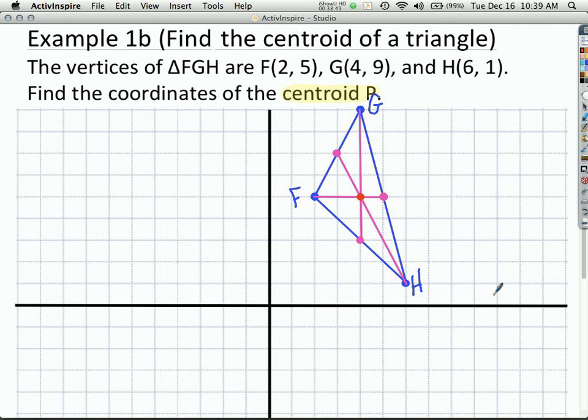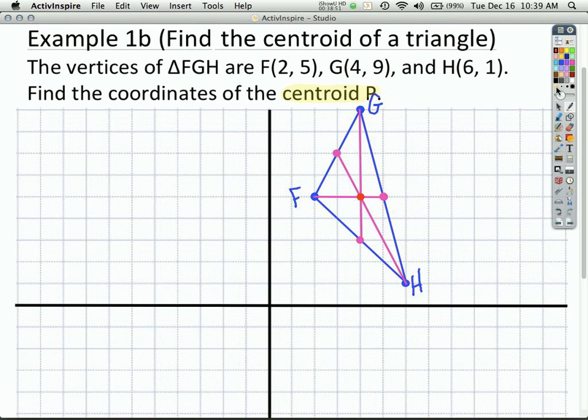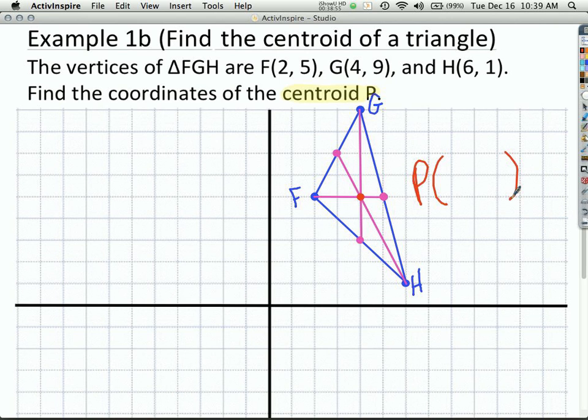And we were asked to find the coordinates of the centroid P. So now we can say that P is where? You already got it, John? What is it? 4, 5. Let's see. 1, 2, 3, 4. 1, 2, 3, 4, 5. 4, 5. And so that is the centroid.